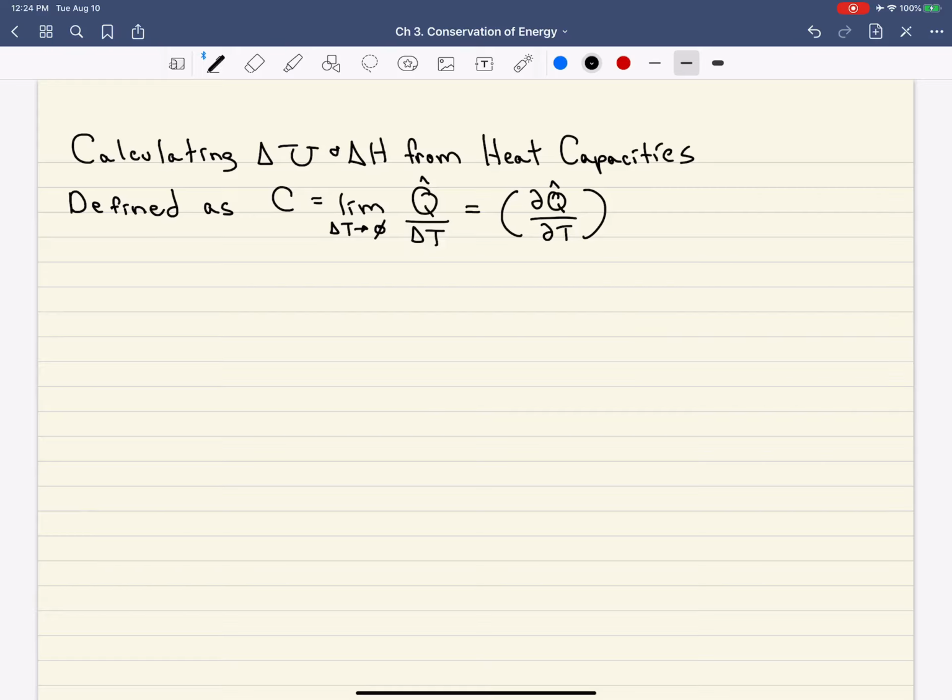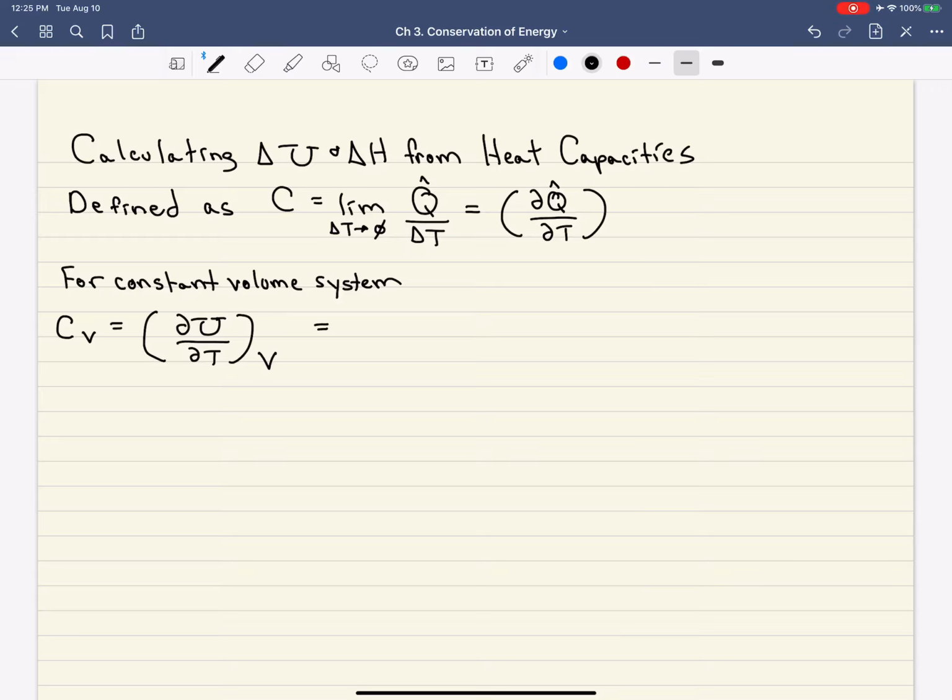And there's different types of heat capacity that we deal with. If we're dealing with a constant volume system, then we write that the heat capacity CV, where the subscript V refers to a constant volume, is equal to the partial derivative of the internal energy with respect to temperature at a constant volume.